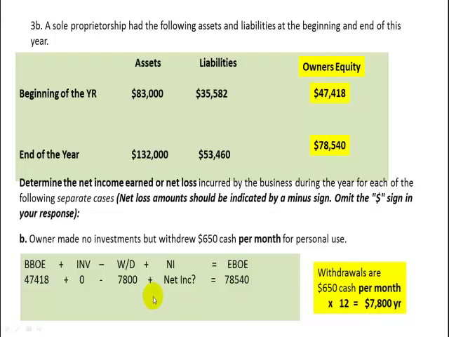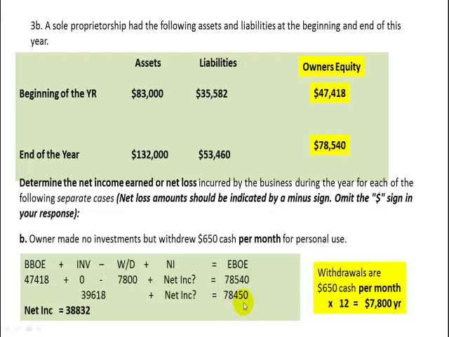So now let's boil this down a little closer. 47,418 minus the $7,800 gives us 39,618 plus net income equal to the ending balance of 78,450.